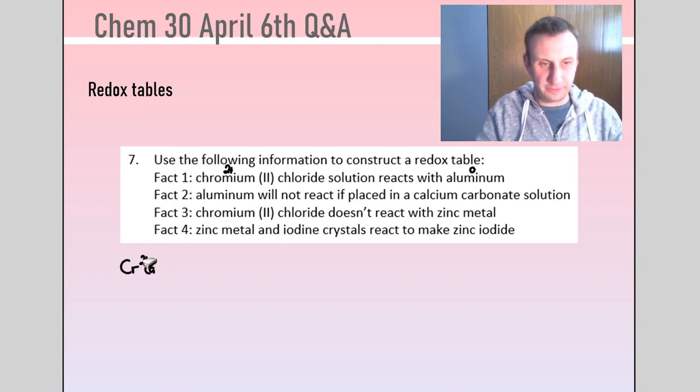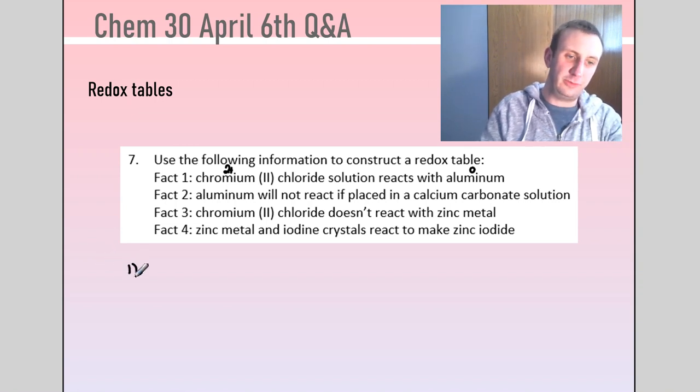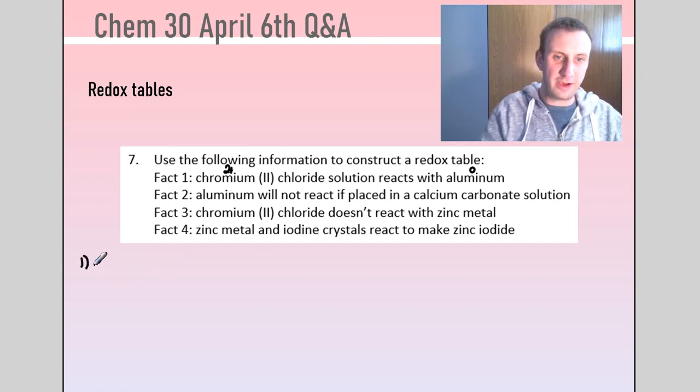Actually, what I should be doing first is building all of our reactions and then taking that forward to build our redox table. So let's see if we can fit this on the two sides of the table. So we have chromium 2 chloride, CrCl2 aqueous, reacts with aluminum, Al solid.